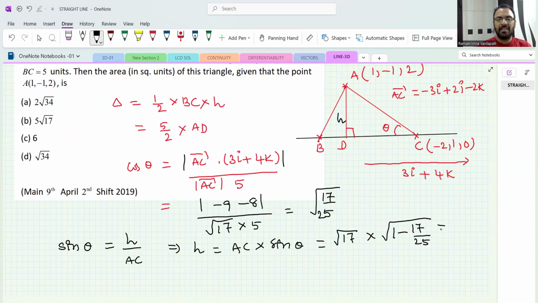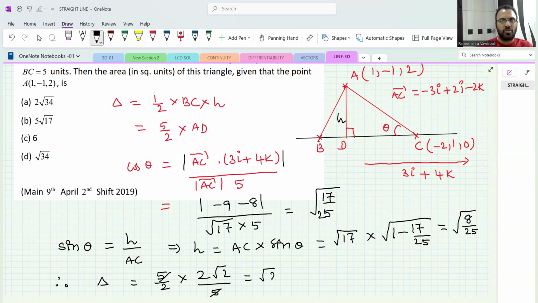So we got this is equal to root over 8 by 25. So therefore, area of triangle is now equal to 5 by 2 into that root 8, which is nothing but 2 root 2, whole by 5. That is cancelled and this is cancelled. So I got this is equal to root.